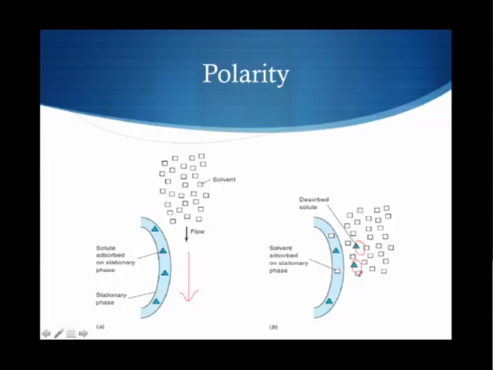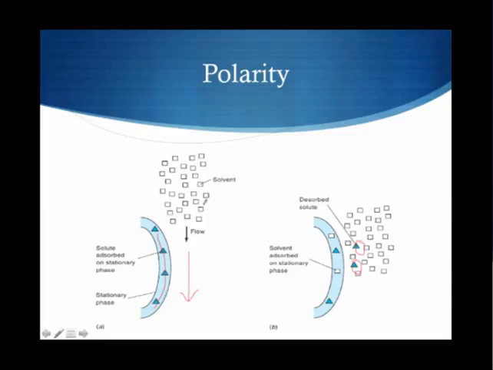What that means is that the sample we're working with here is more nonpolar than polar, because remember that like polarities interact. If we had a sample that was polar, then we wouldn't see these triangles here interacting with the solvent. Instead, they would still be here on the stationary phase interacting with it, because it doesn't want to interact with the nonpolar mobile phase.